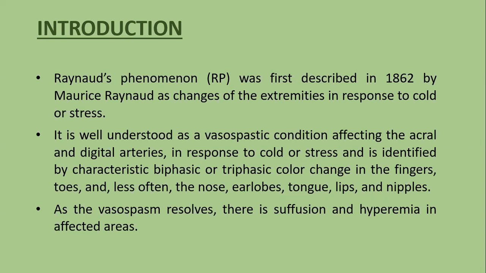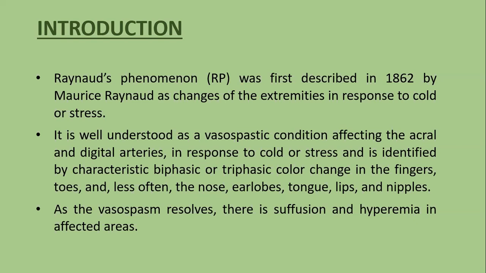Introduction. Raynaud's phenomenon was first described in 1862 by Maurice Raynaud as a change of extremities in response to cold or stress. So the phenomenon derives its name from the first person who drew the attention of the world to this phenomenon.